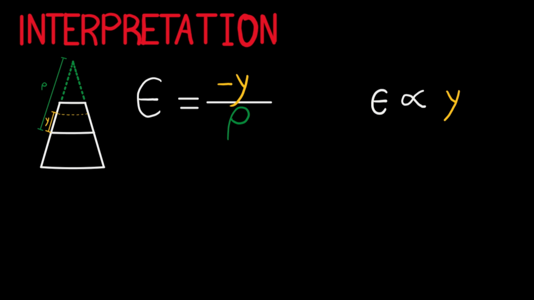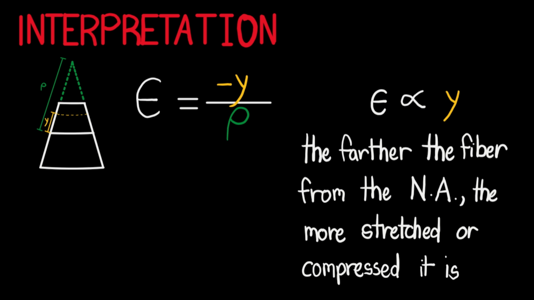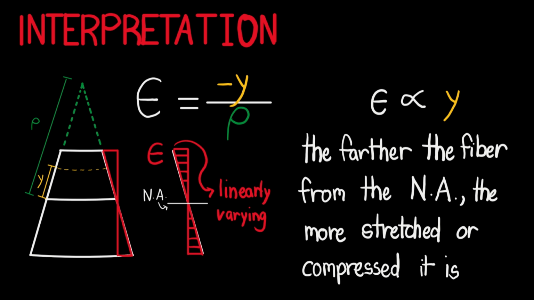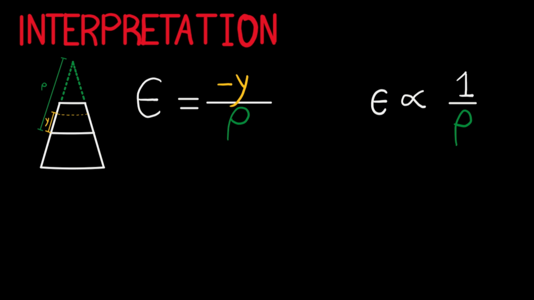Furthermore, epsilon is proportional to y. This just means that the farther the fiber is from the neutral axis, the more stretched or compressed it is. More accurately, the value of strain varies linearly with the distance from the neutral axis.